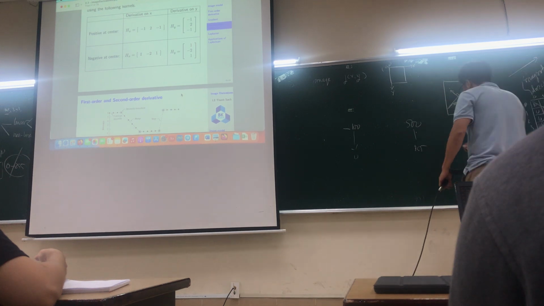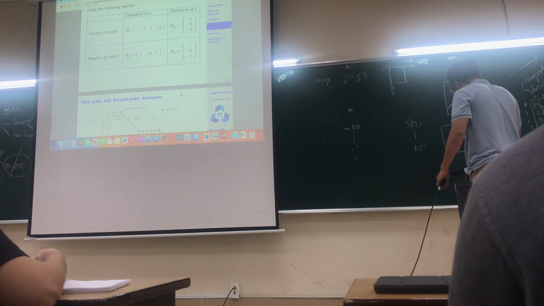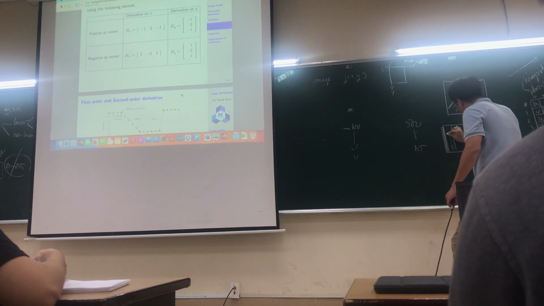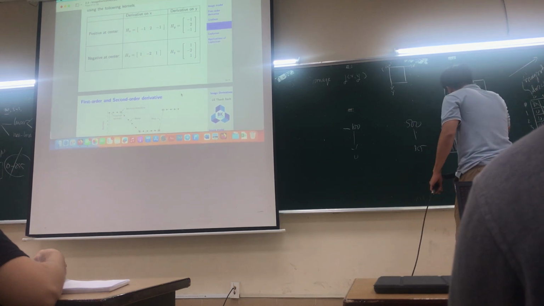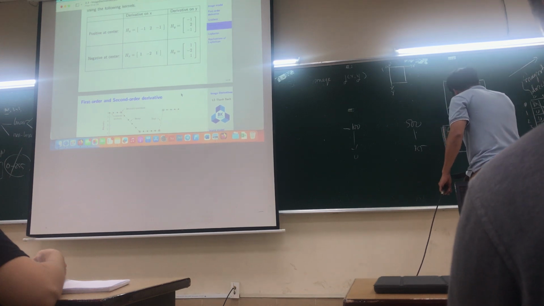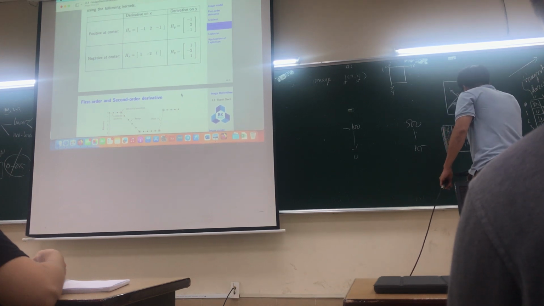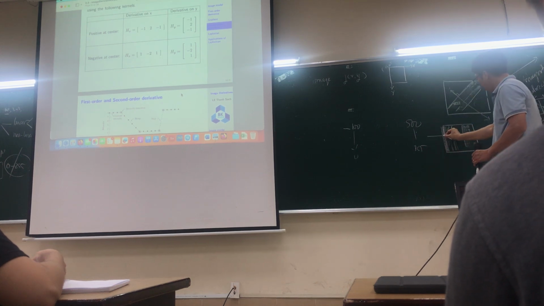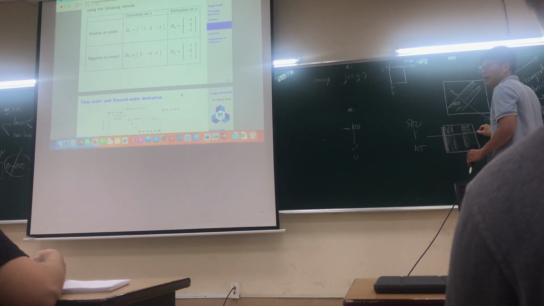If you have a picture like that, here is high value, here low value. If I give just one scan line, then the scan line is high, then low, and high, right?